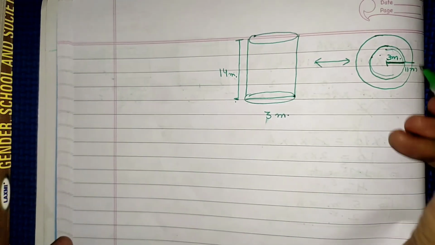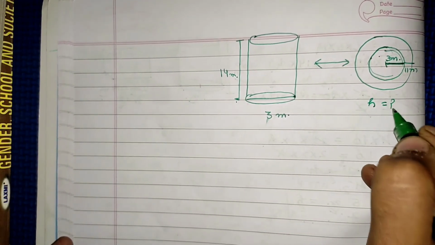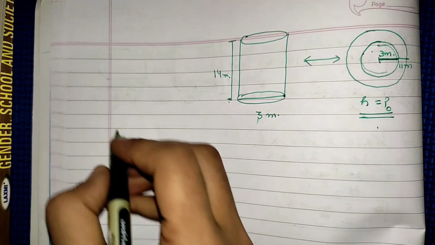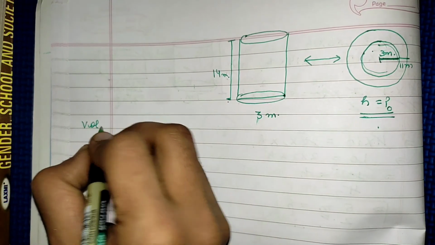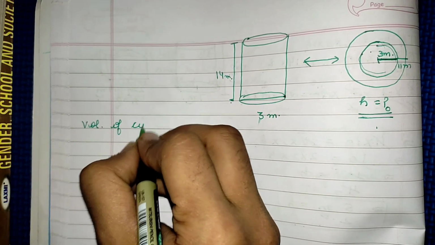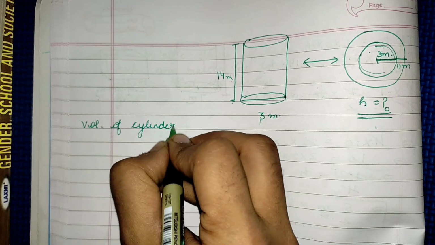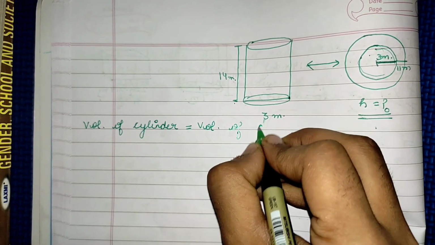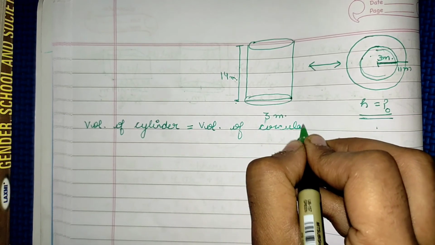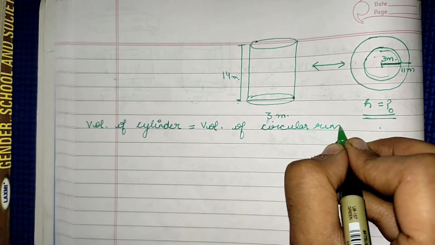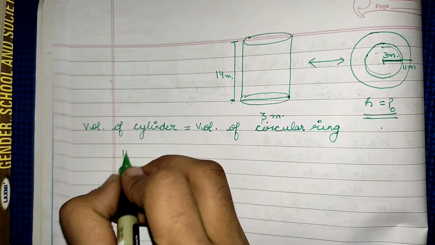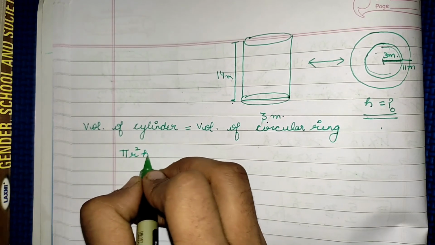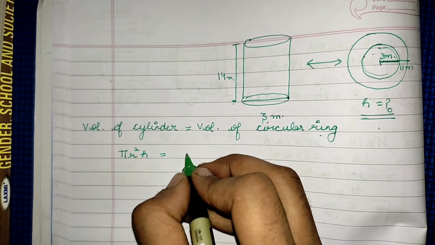So I have to find out the height of this circular ring. How to find out? You know that the process is going to be the same, that the volume of cylinder is equal to the volume of the circular ring. So volume of cylinder is what? Volume of cylinder is pi r square h.